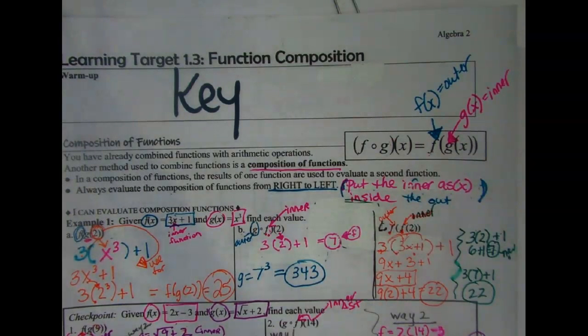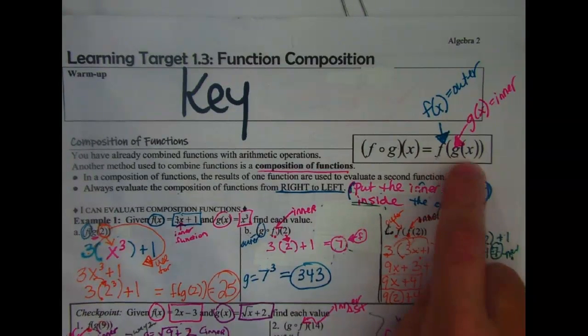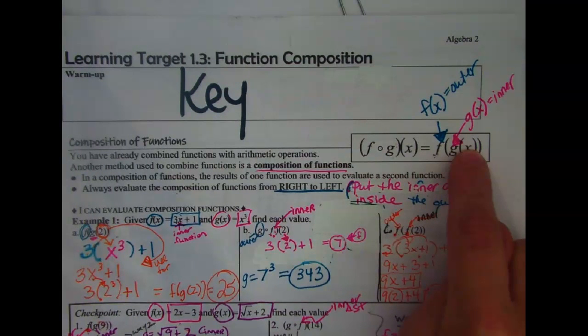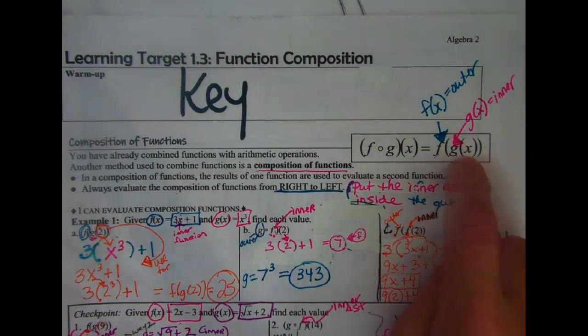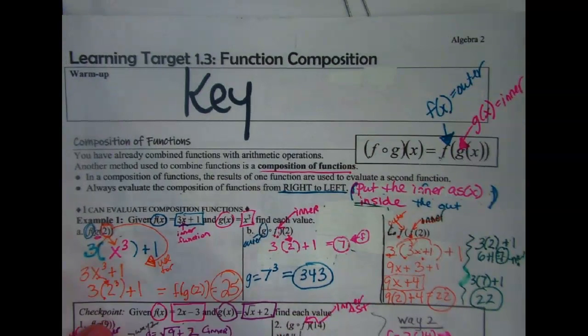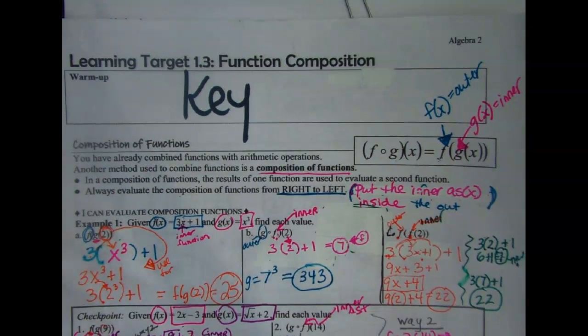In function composition, we make sure to take the inner one and do that first, or if there is no number, we put the inner one into the outer one. We're going to be using this particular note sheet for the first part of our review.